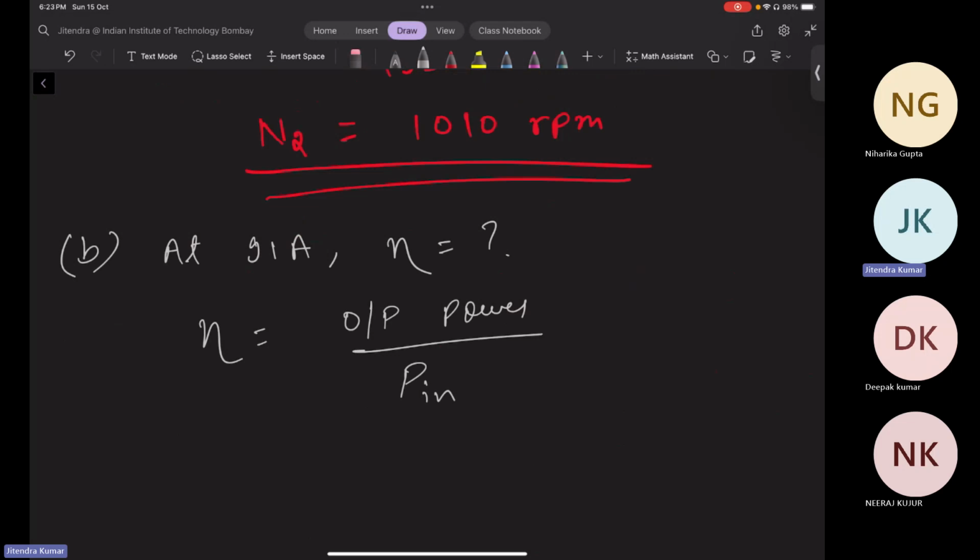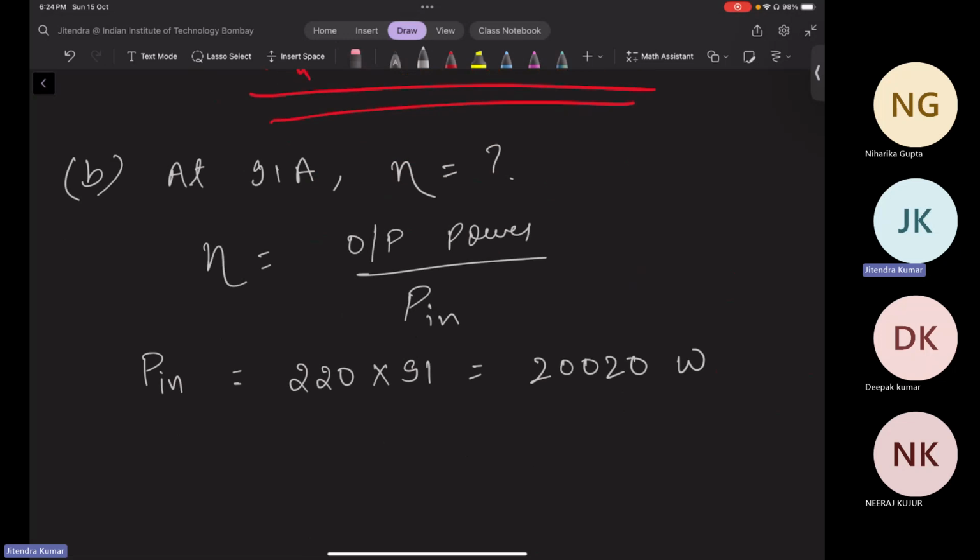P input we can calculate. How much will it be? 220 into 91. So it will be equal to 220 watts.